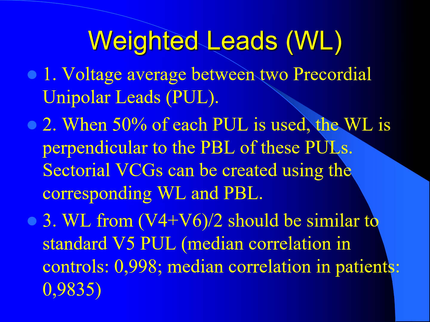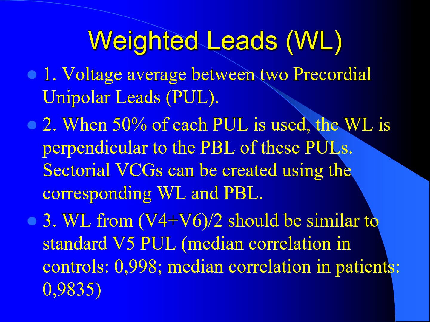As was mentioned before, weighted unipolar leads are a combination of two standard precordial leads in different proportions. We use the average WL, 50% of each precordial lead, because this lead is perfectly perpendicular to the PBL, and this allows us to create sectorial electrocardiograms representative of the region between both electrodes using the average precordial lead and the corresponding PBL.